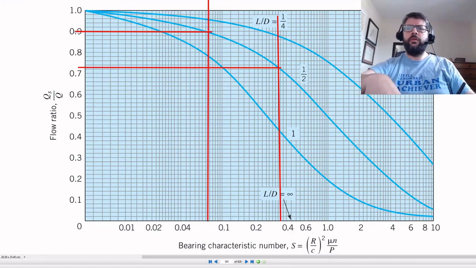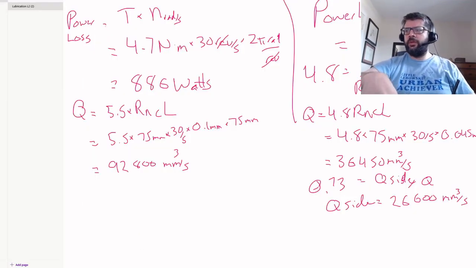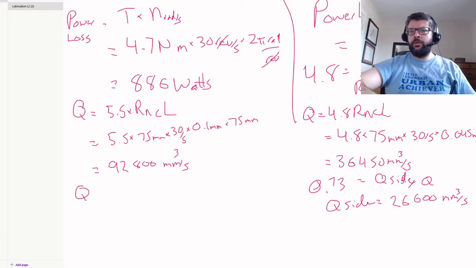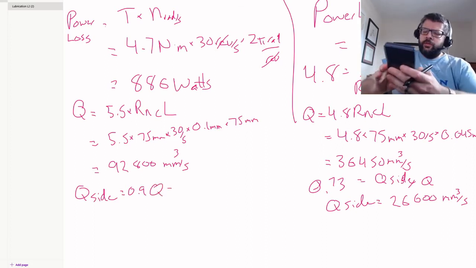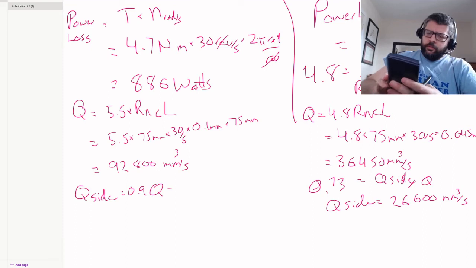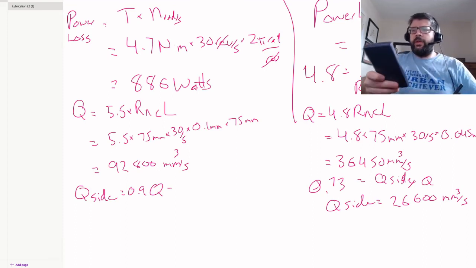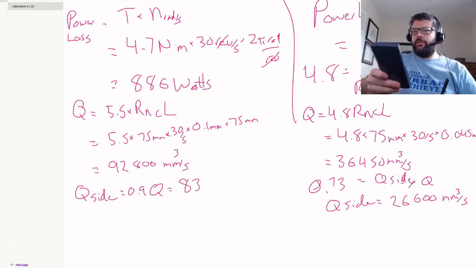So our side flow is going to be equal to 0.9 times the Q. So 92,800 times 0.9 is 83,500 millimeters cubed per second.